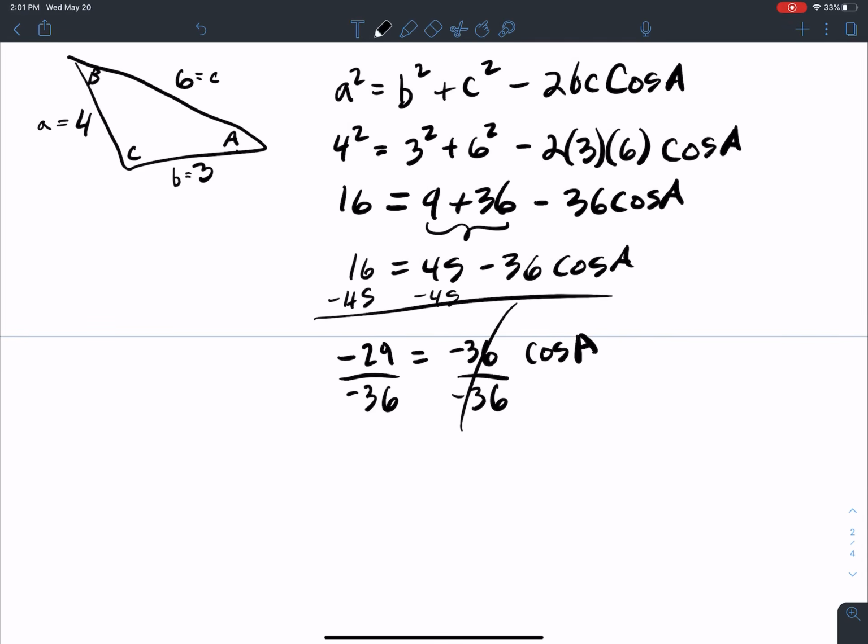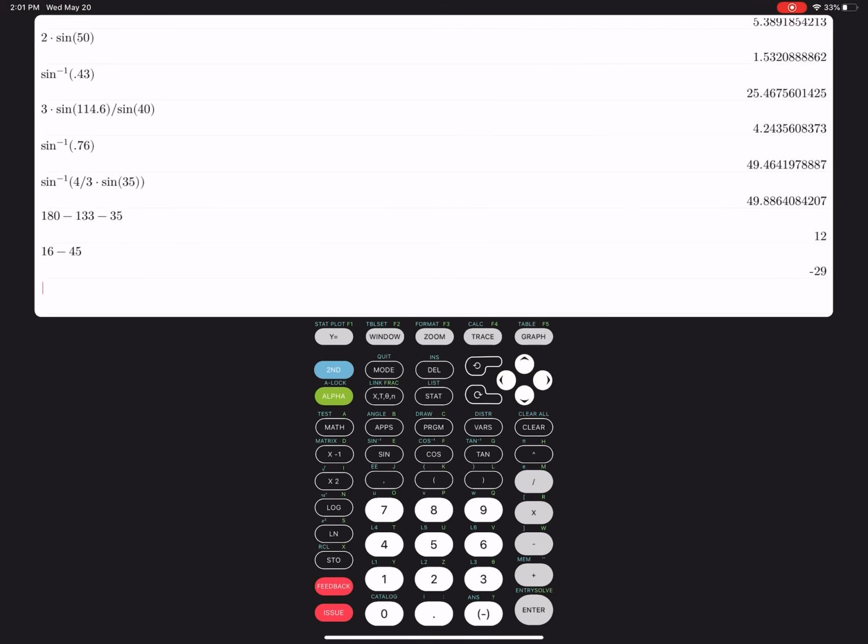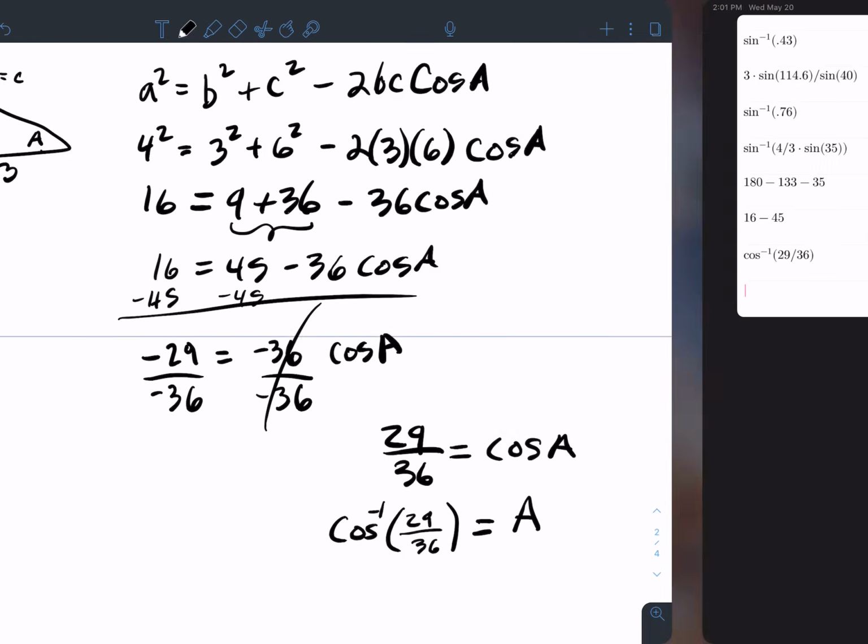Okay. So that's going to get me 29 over 36 equals the cosine of A. So A is the cosine inverse of 29 over 36. So the cosine inverse of 29 over 36 is 33.3.